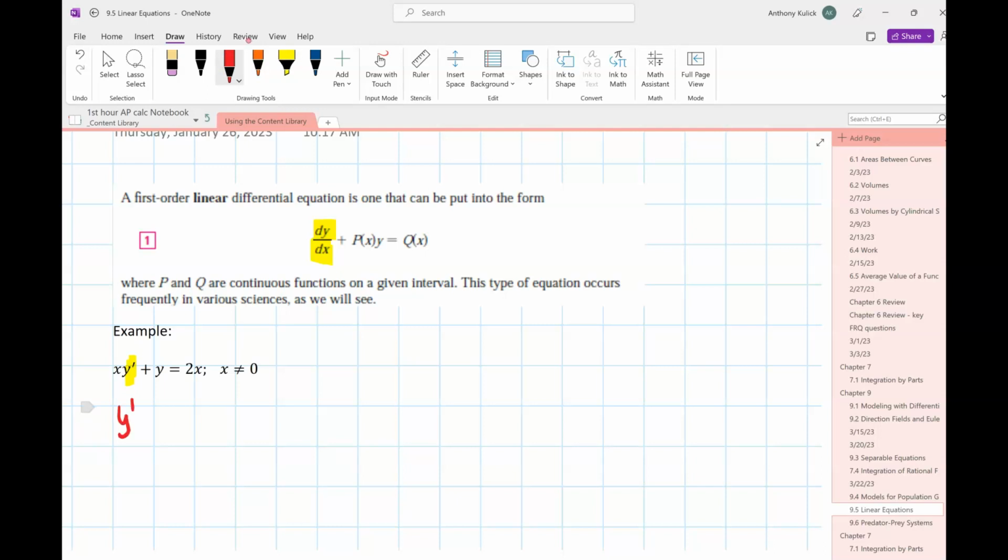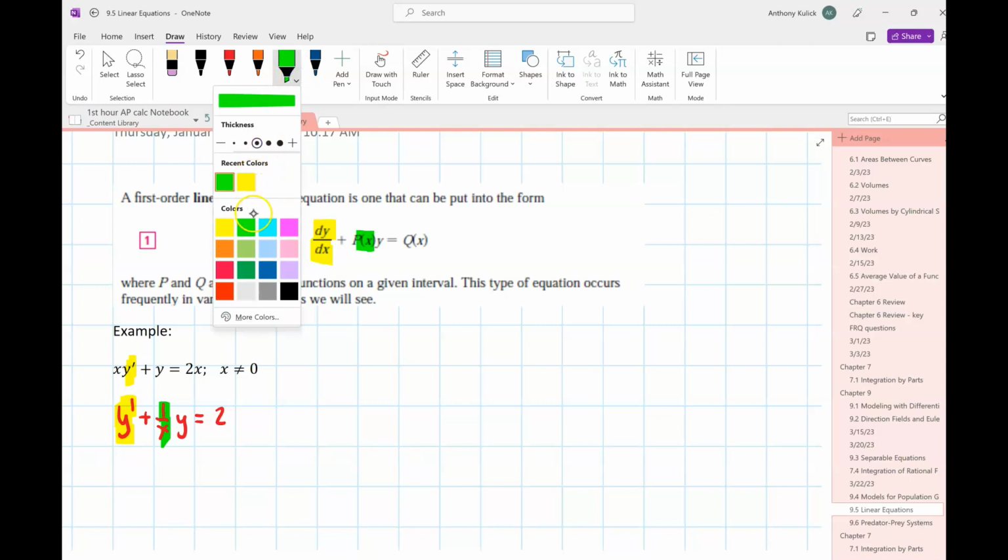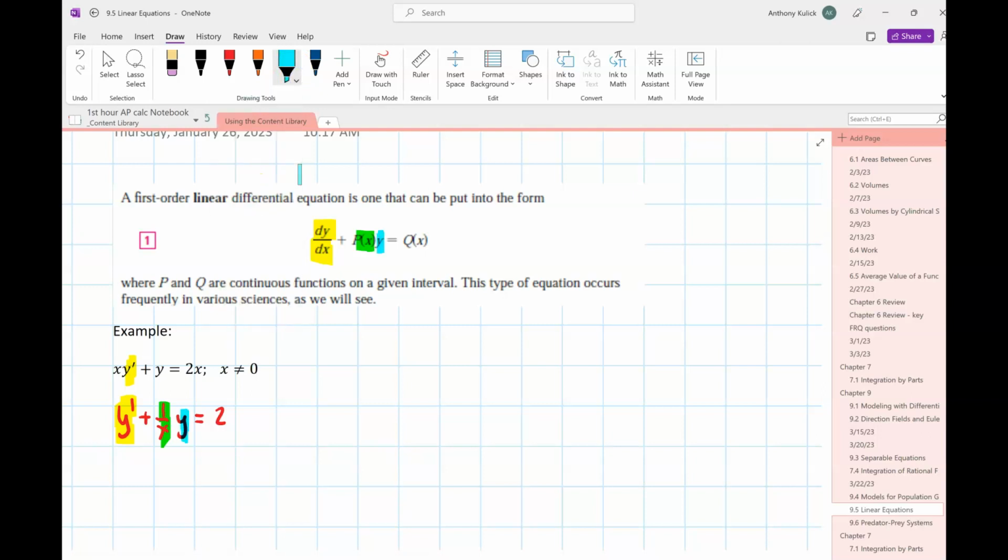Divide by x. So I have the y prime by itself. That's good. I have a function of x times y equals some other function of x, and that other function of x can be a constant. That's fine. Everybody's okay so far with how I've rearranged that to get it into the form?